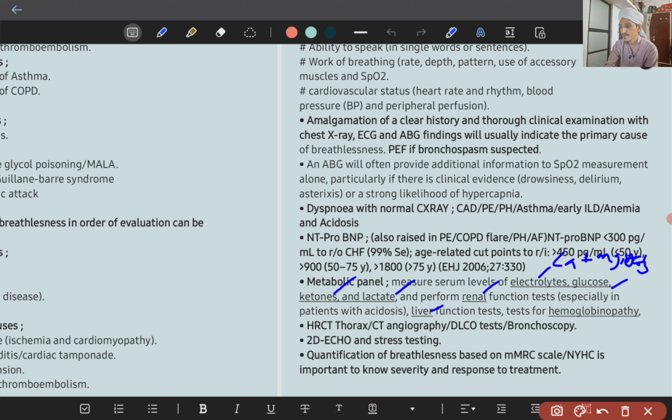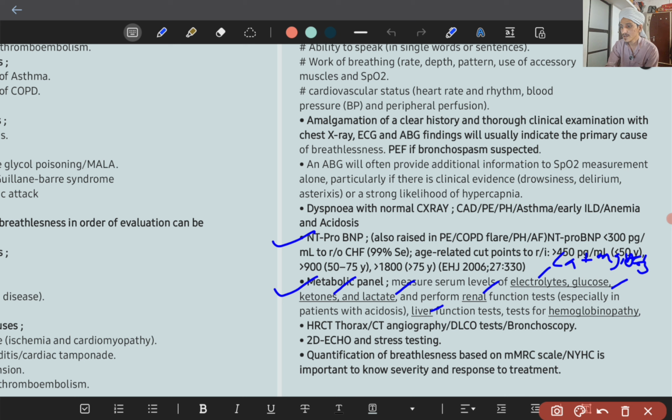Okay, these are the basic metabolic panel which you investigate along with radiological investigations like chest X-ray, ECG, VBG, and PEF. Along with those, you should send the metabolic panel and NT-proBNP.